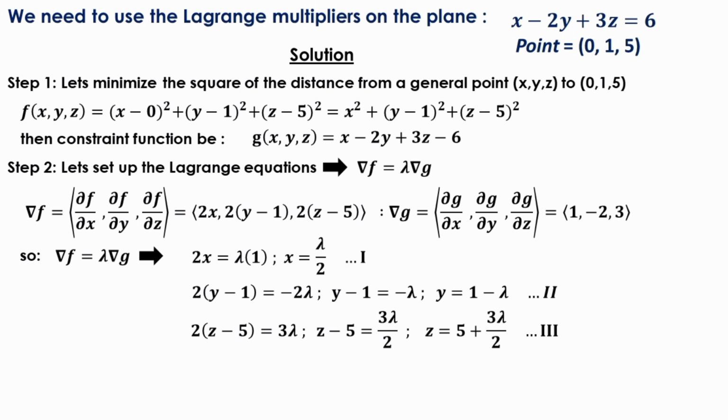The next step, step 3, is to substitute x, y, and z into the constraint g of x, y, z so we can solve for the unknown.